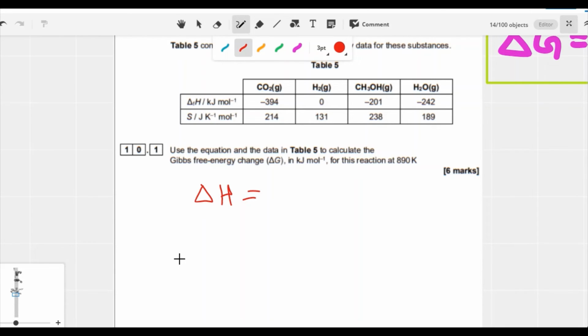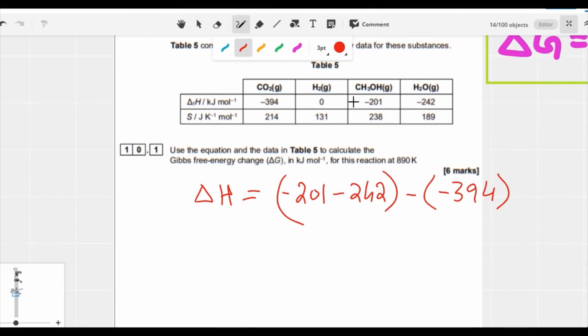So here the product will be -201 plus -242, and then minus the reactant -394, where the hydrogen is 0, so we don't need to write hydrogen here. So that will equal -49 kilojoule per mole. That is over, like you can say step 1.